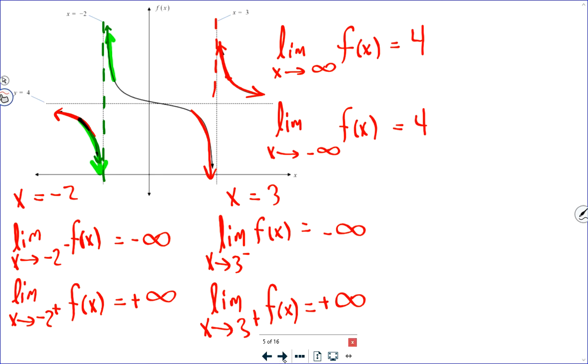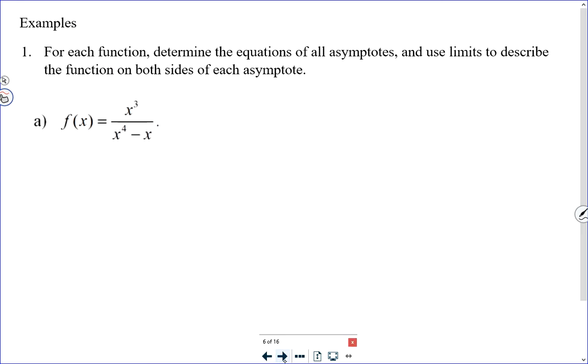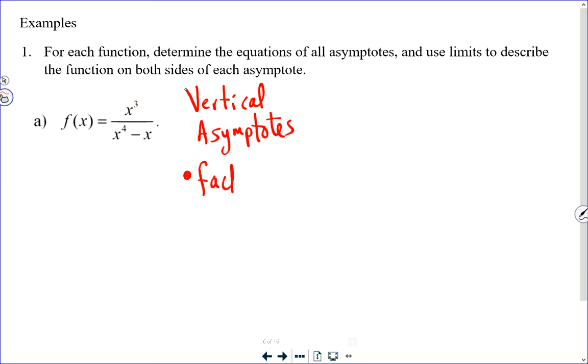All right, now let's get to the examples. For each function, we want to determine the equations of all asymptotes and use limits to describe the function on both sides of the vertical asymptotes. I want to make a note here that's going to make our jobs a little bit easier. When you're finding vertical asymptotes, you want to factor completely.